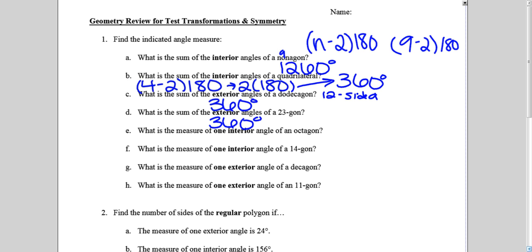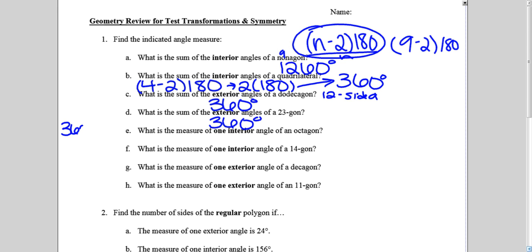All right, so E, what is the measure of one interior angle of an octagon? You could use your formula, which is to take your sum and divide it by n, in which case n would be 8. Or you know that an exterior and an interior angle always have to add up to 180. So I would say, easier way, find your exterior angle first.